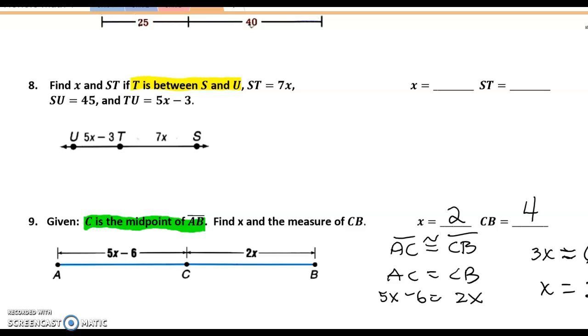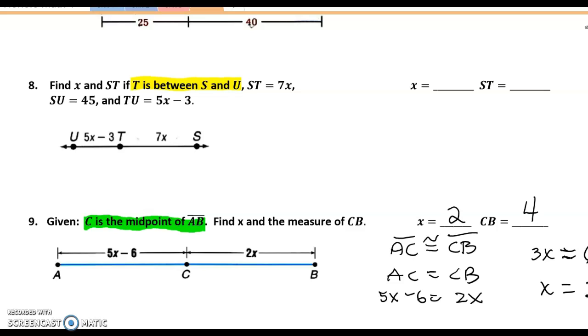The definition of midpoint is a point that cuts the segment exactly into two congruent segments. Some would like to consider it like the middle.